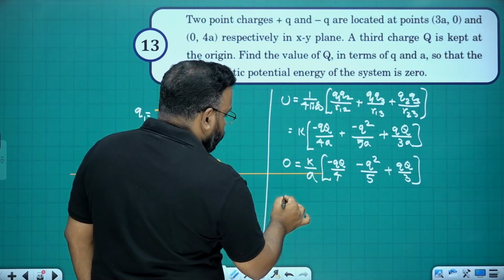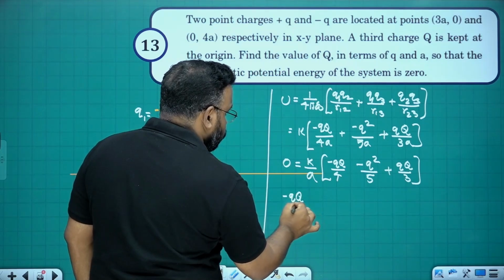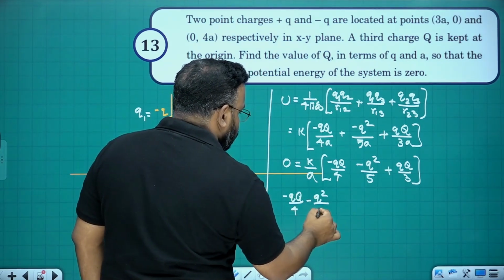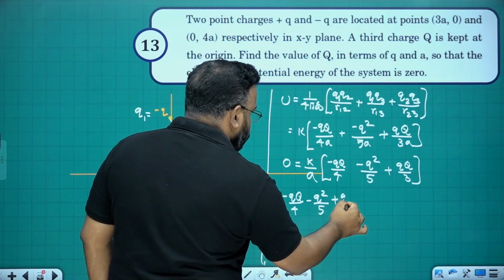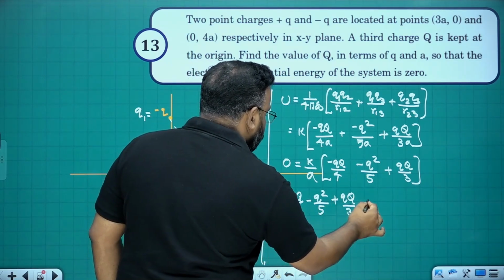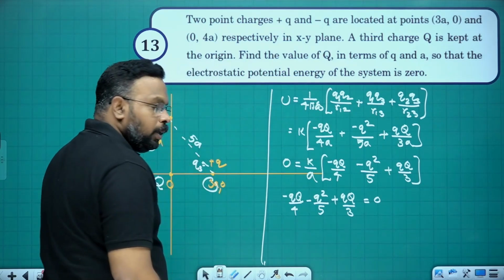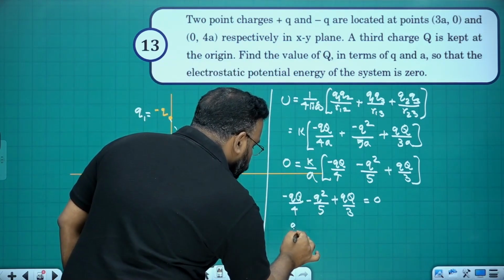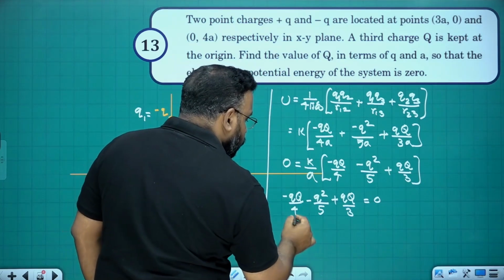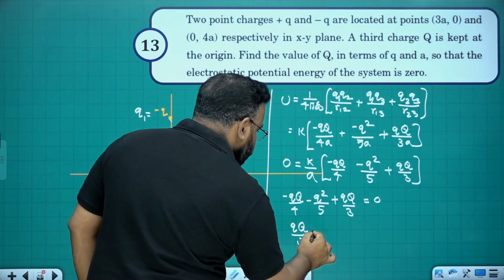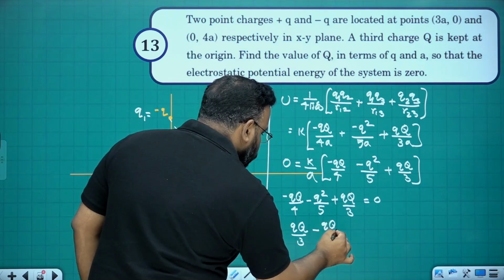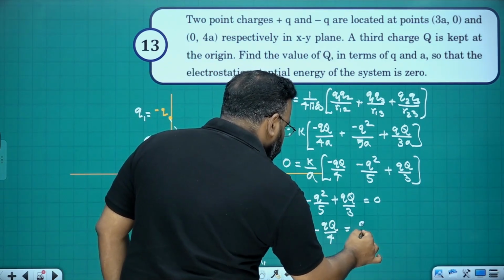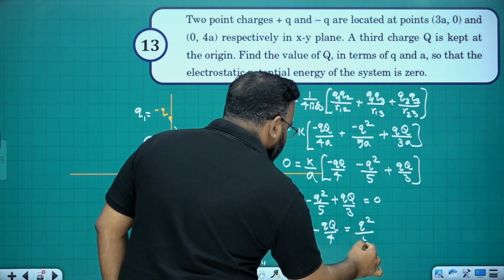So we get minus qq by 4 minus q square by 5 plus qq by 3 is equal to 0. So here we can write qq by 3 minus qq by 4 is equal to q square by 5.